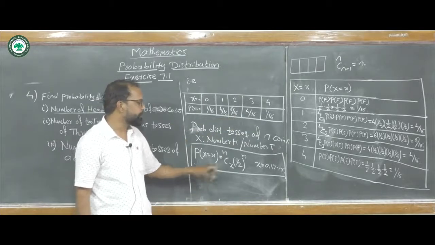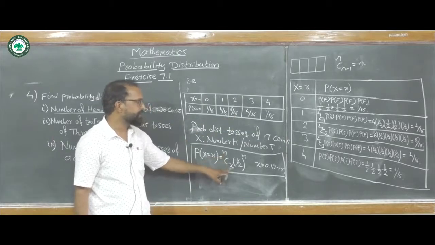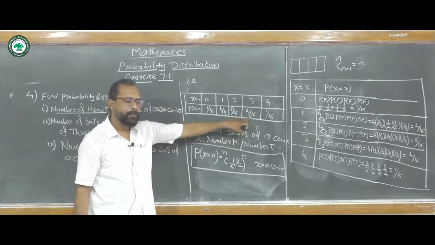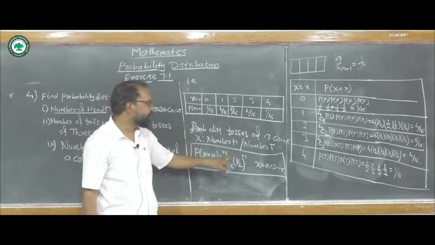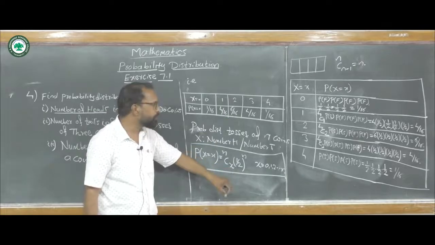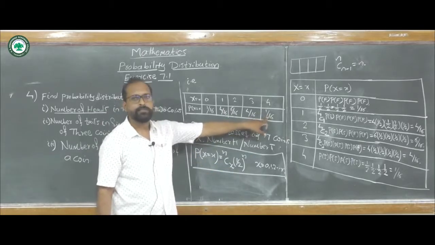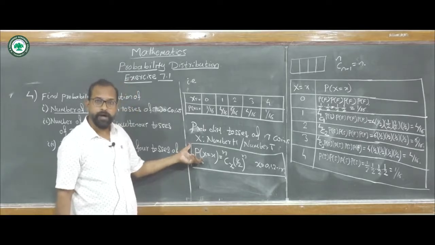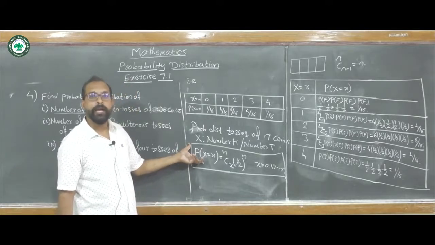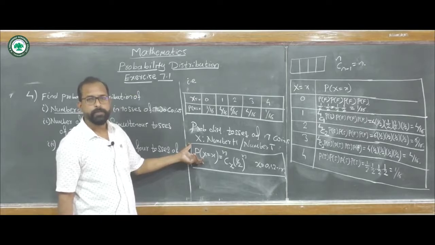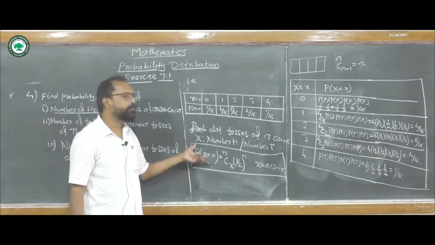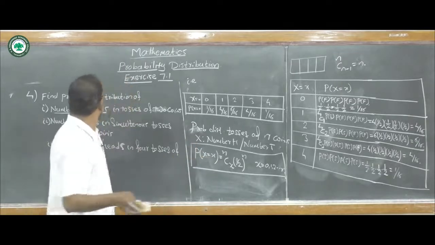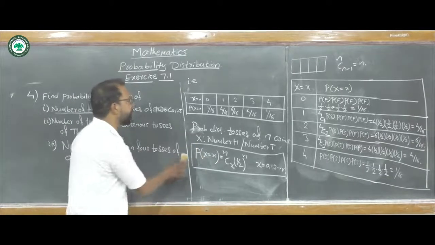Similarly if we put n equals 4 and x equals 3, we get 4 upon 16. And when n equals 4 and x equals 4, we get 1 upon 16. So by using this formula we can find the probability distribution for any number of tosses of a coin. Now the next example.